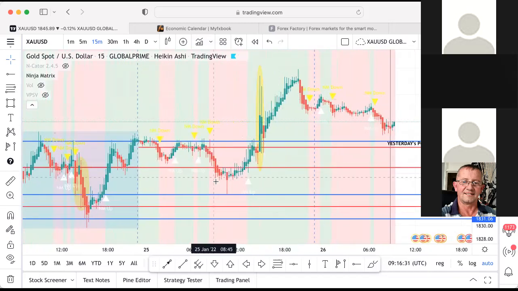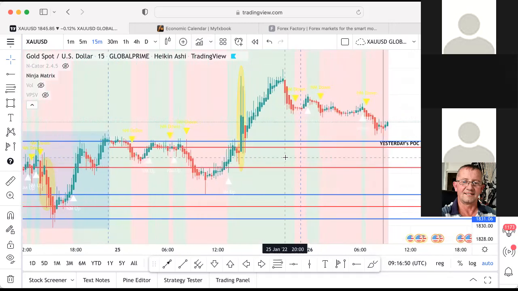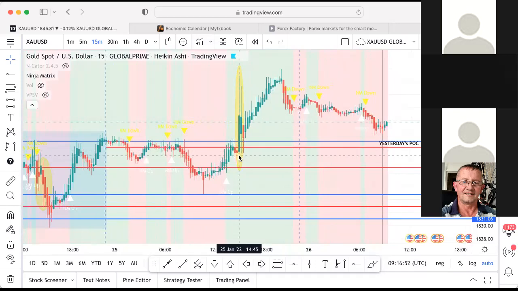And so yeah, we hit the point of control. We went down to the bottom value area. We went back up to the point of control. We went up to the value area again, and then it came down. It almost hit the point of control, and then there was a crazy move. I did a post yesterday, and I said that there was a 100 pip move in one 15-minute candle.